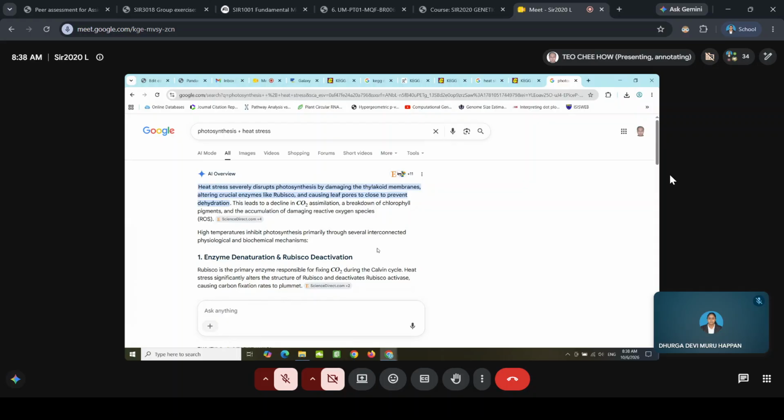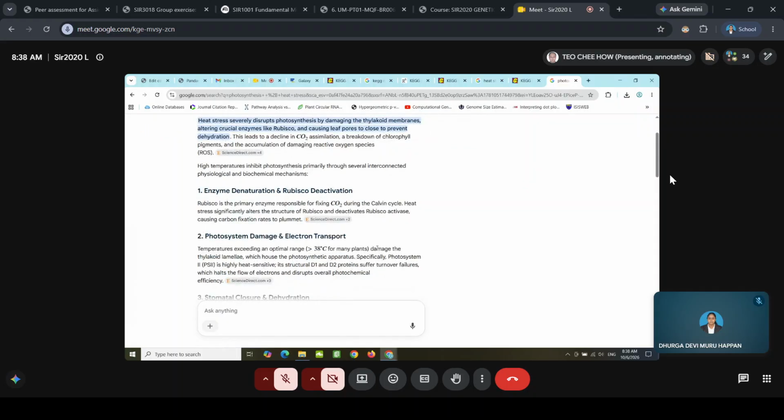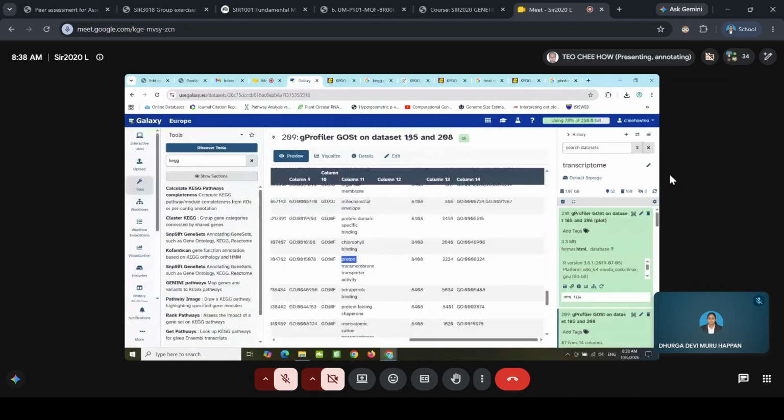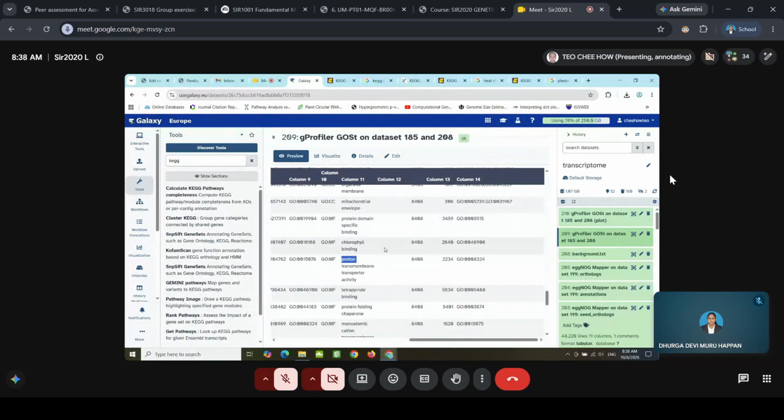So from here, then you can show that finding in other reports, other plant species also report that. And this is the kind of explanation you want to provide for your report itself, right? To find the enriched terms for GO and KEGG, it's not difficult.